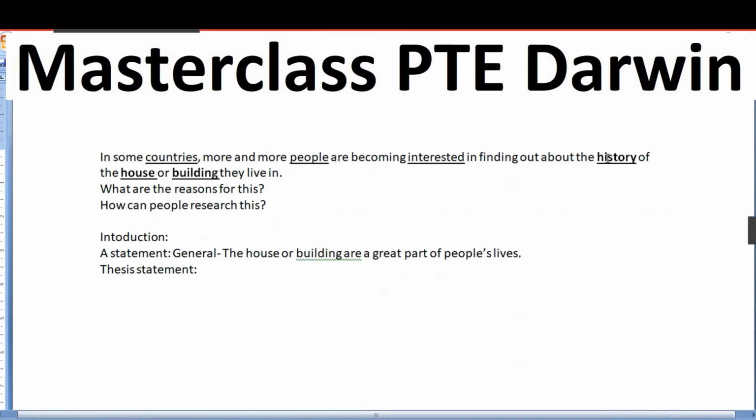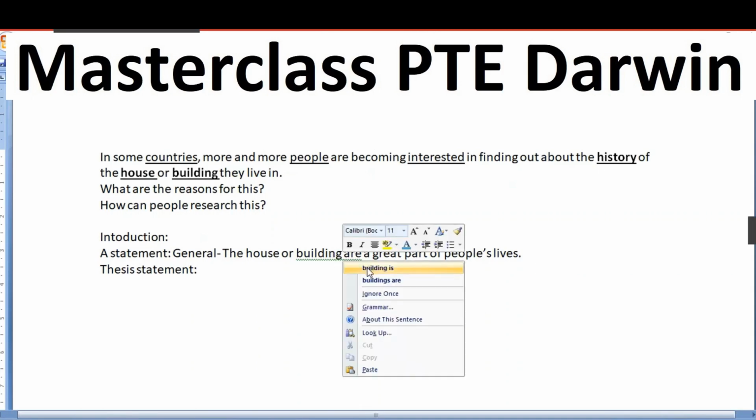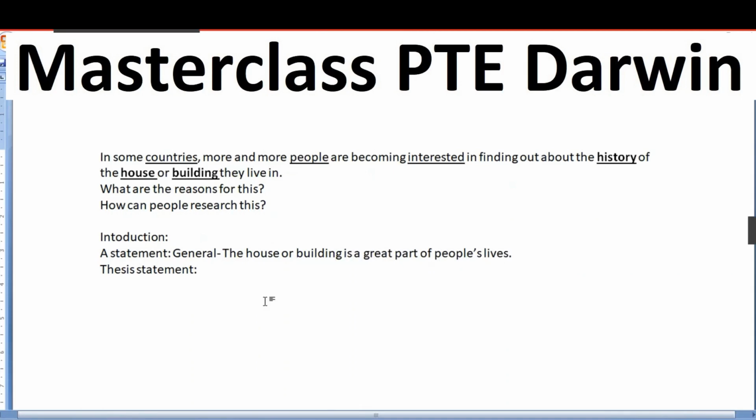combining all these keywords or most of the keywords. Okay, so now if we combine these keywords, countries, people, building, houses, we have combined some of these things. Now we add country, interest, and people or something like this.